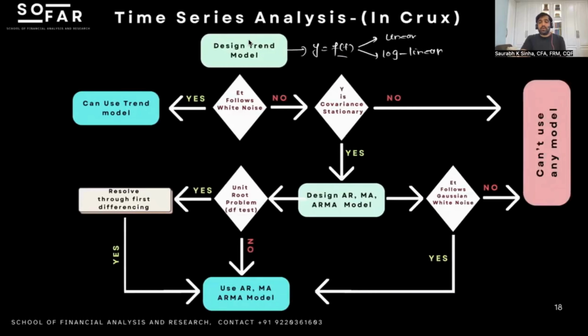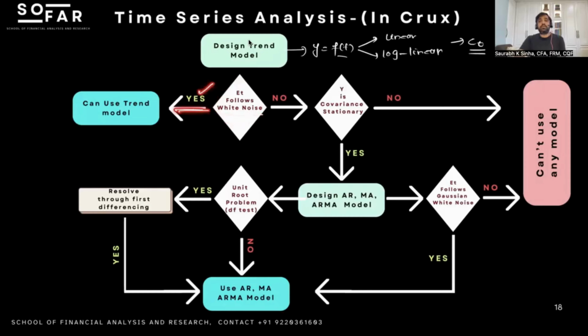We have to study it in depth. The question that you have to ask is whether the error in these models follows white noise or not. We studied this, yes or no? The error term has to follow white noise or Gaussian white noise. What is written here? White noise. If it follows white noise, awesome.